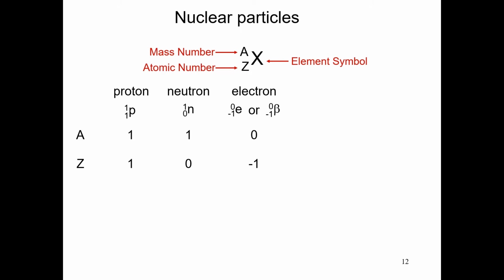Now, when we use these symbols here in nuclear chemistry, we're referring to particles that, although they are physically electrons, are emitted from an event that happens in the nucleus, not in the orbitals of the atom. Hopefully that explains the difference between electrons or beta particles in nuclear chemistry versus electrons in regular chemistry.